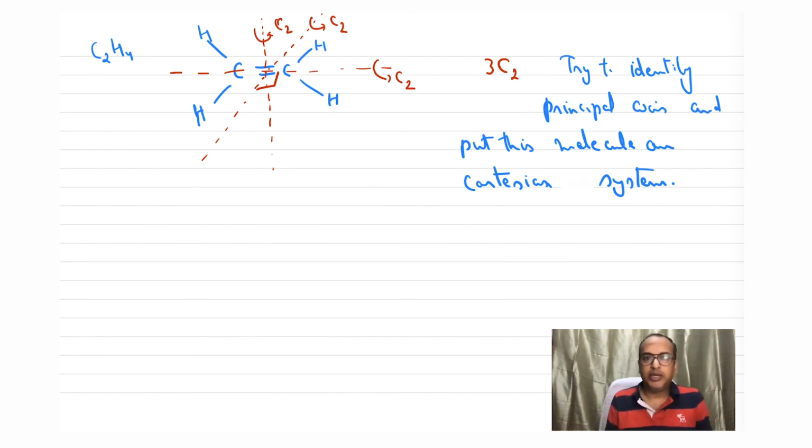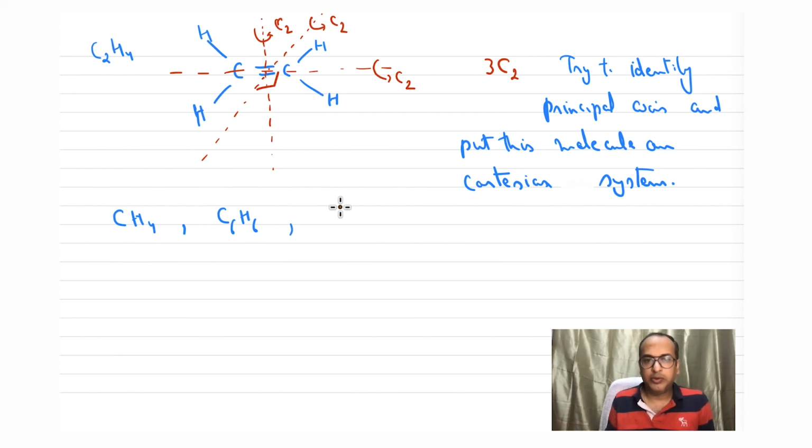Also, let me give you a few examples to work at home. So let's try to do CH4, then C2H4 you're going to do. Then I have also given you C6H6 benzene.